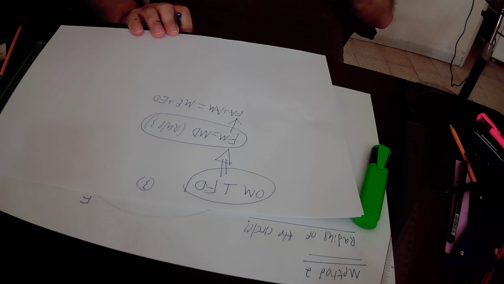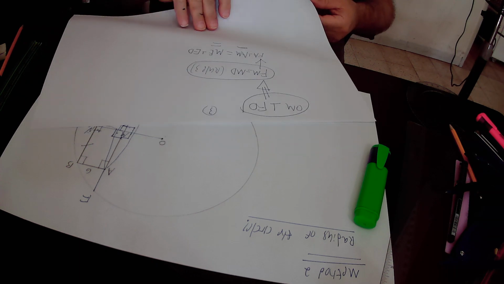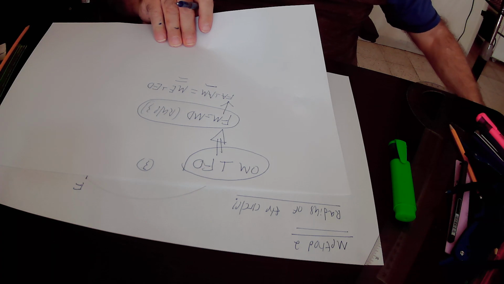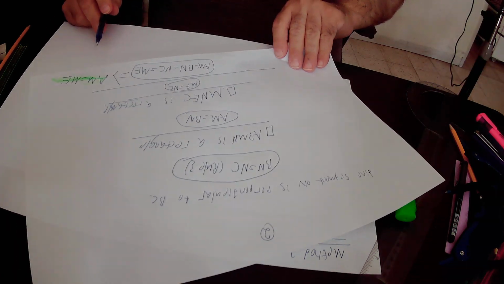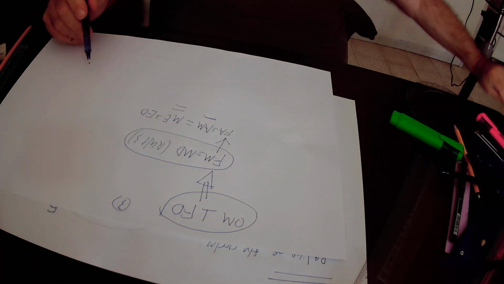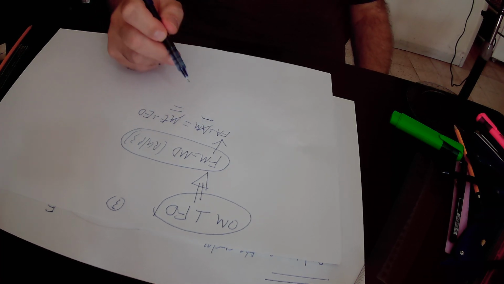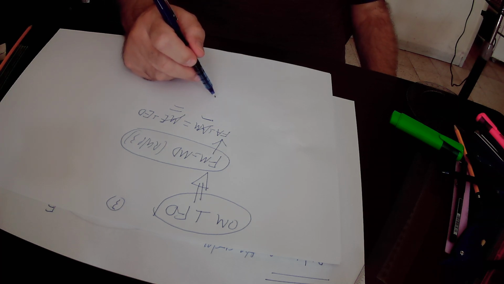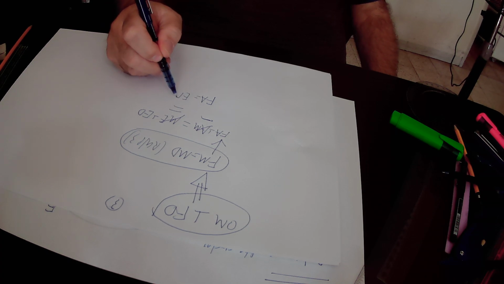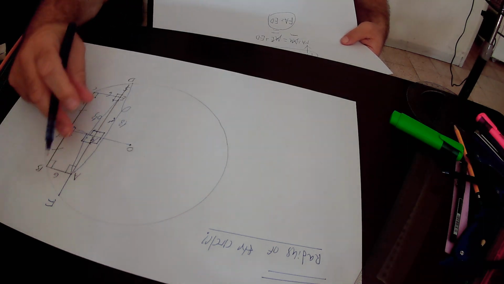But we have already found out that AM equals ME. Therefore, we can cancel AM and ME because they are equal to each other, and we are left only with FA equals ED.